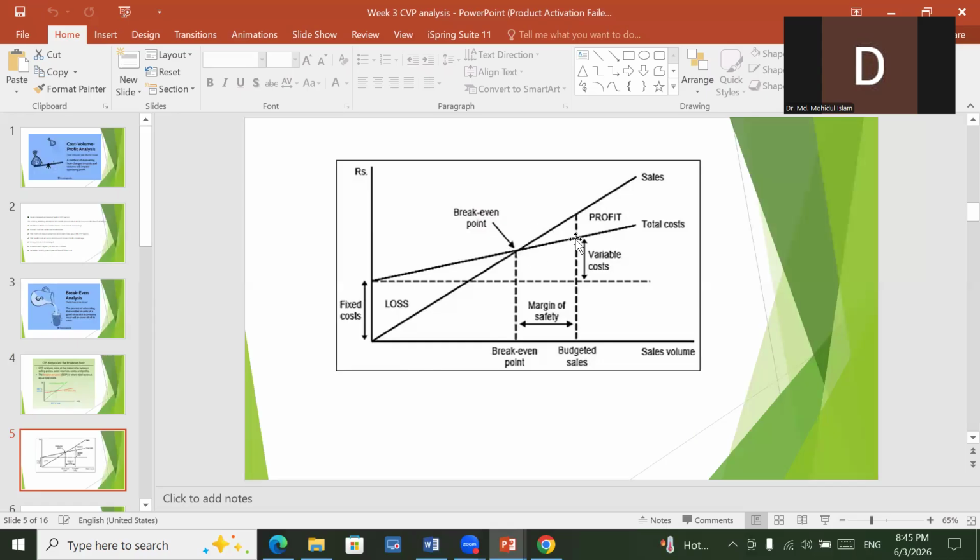After the break-even point is the profit zone, and before the break-even point is a loss zone. Okay, so this is a clear chart or diagram of break-even point analysis.